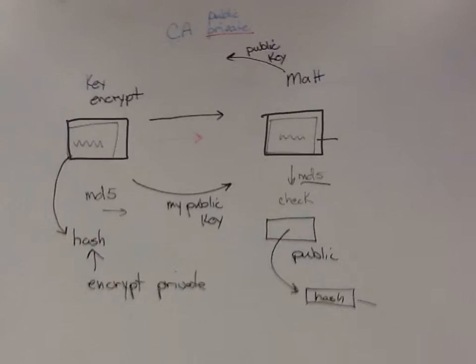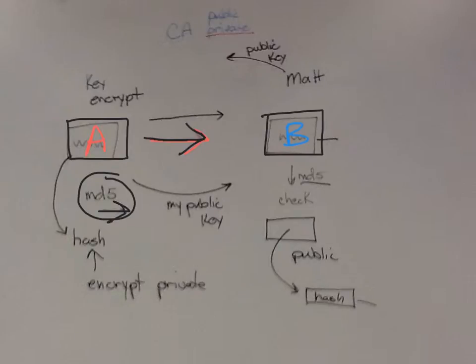If we want to send a message from, let's say, A to B, a couple things that we can do. First of all, to make sure that the message hasn't changed, to ensure the integrity, we can hash it, MD5 hash, and then send the hash.